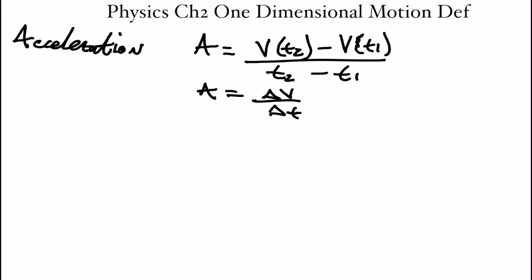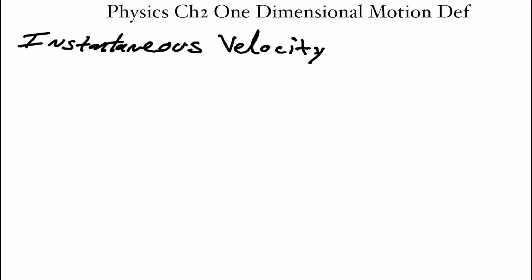And I will denote some of these in calculus notation because I have to, because I will be talking about instantaneous velocities and things like that. So instantaneous velocity is denoted by v equals the derivative of x, or dx over dt, which is just the first derivative of position, and this dot notation just represents a time derivative.